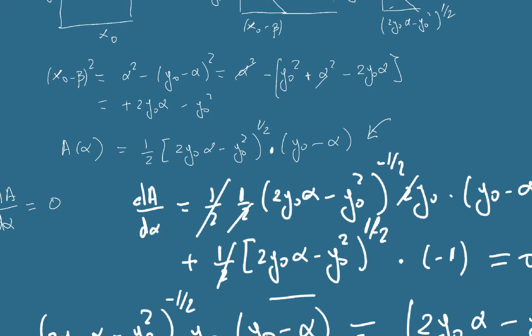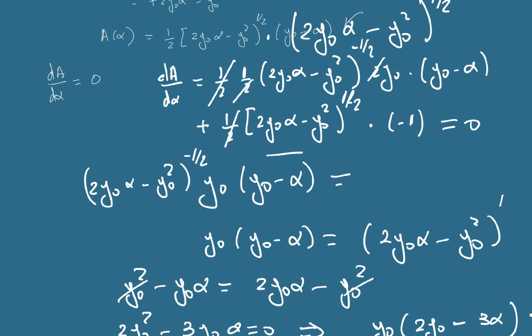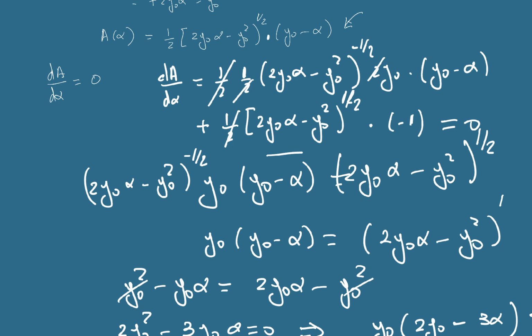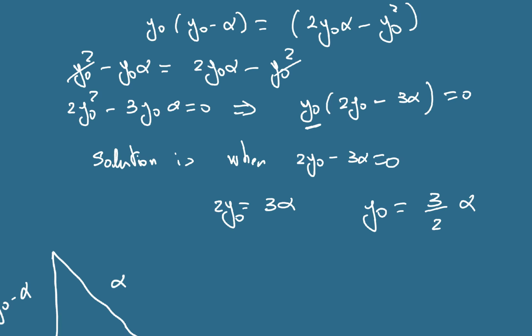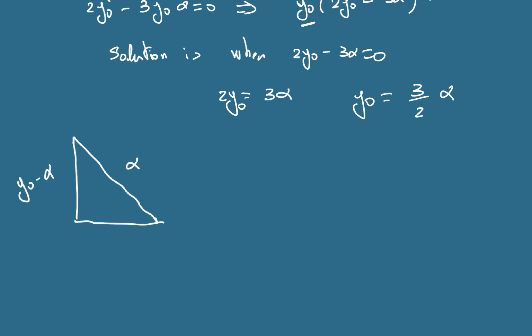Okay, so let's go to right here. 2y0 alpha minus y0 squared. Oh, sorry. 2y0 alpha minus y0 squared. But alpha should be 2/3 of y0.